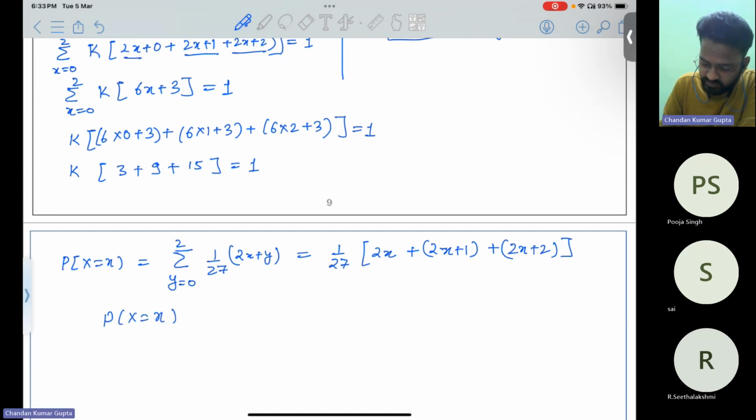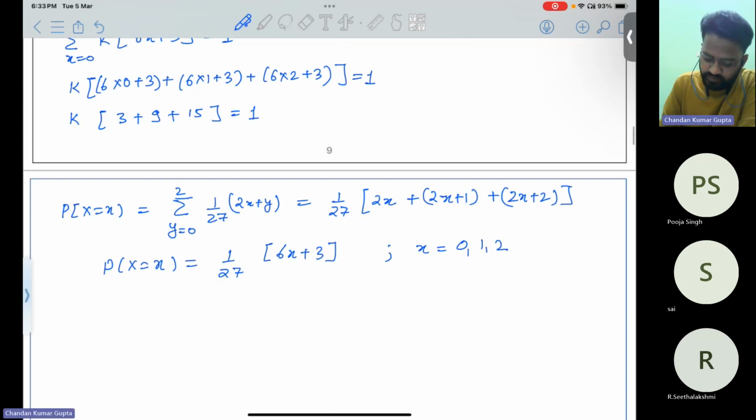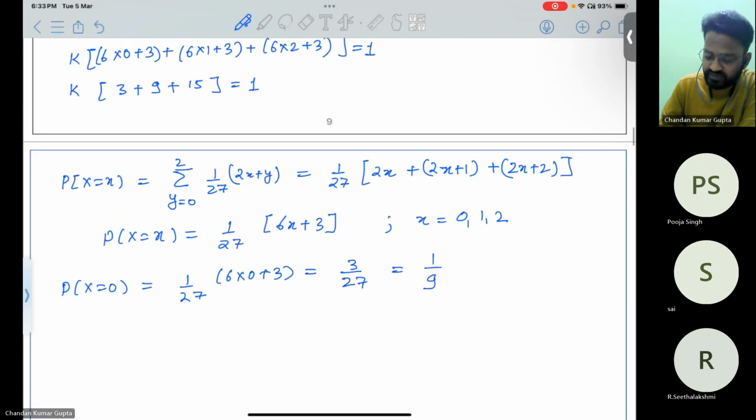Probability that x is equal to 1 upon 27 is 6x plus 3, for x equal to 0, 1 and 2. So probability that x equal to 0 is 1 upon 27, 6 into 0 plus 3, that is equal to 3 upon 27, which is equal to 1 upon 9.